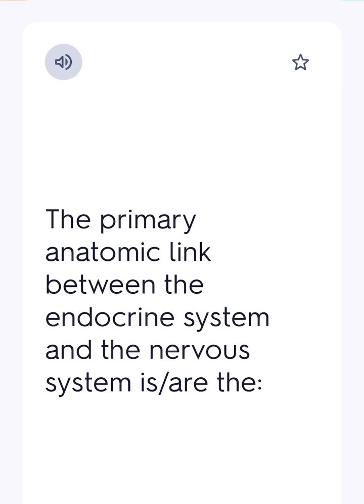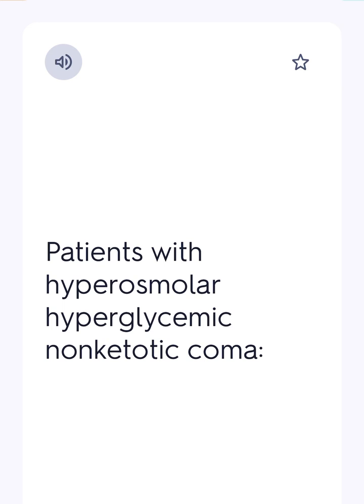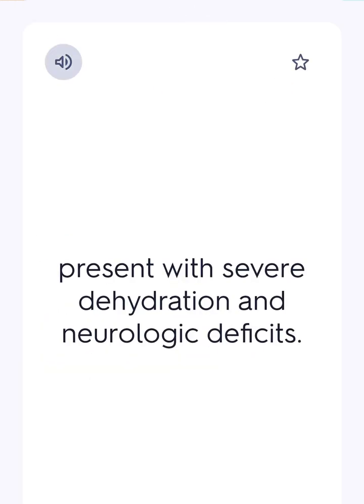The primary anatomic link between the endocrine system and the nervous system is the hypothalamus. Patients with hyperosmolar hyperglycemic non-ketotic coma present with severe dehydration and neurologic deficits.